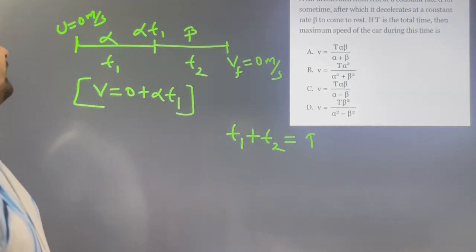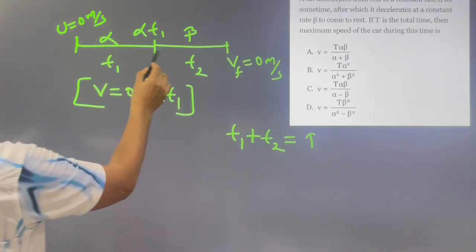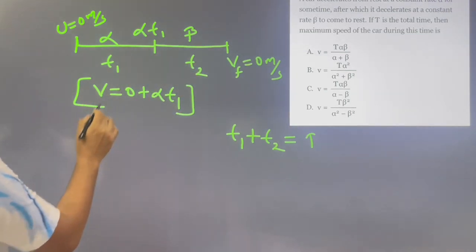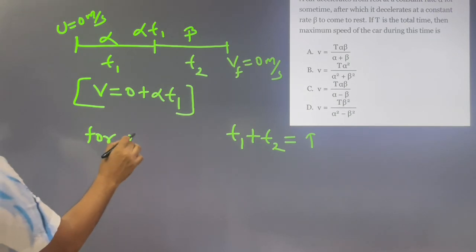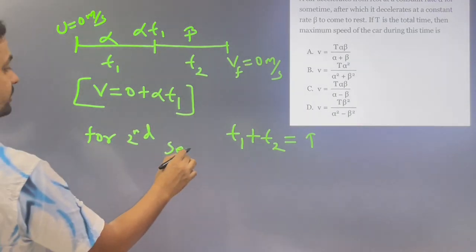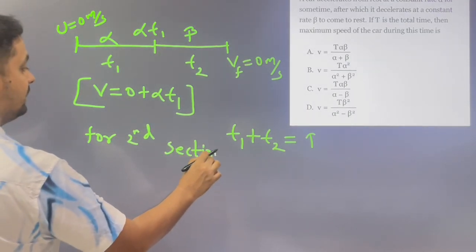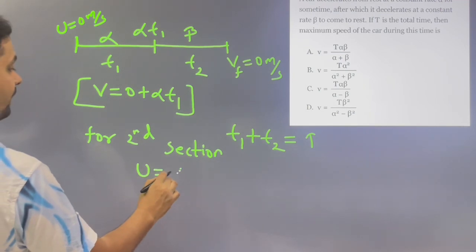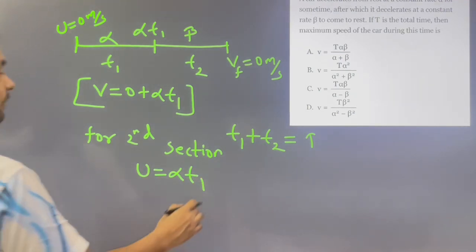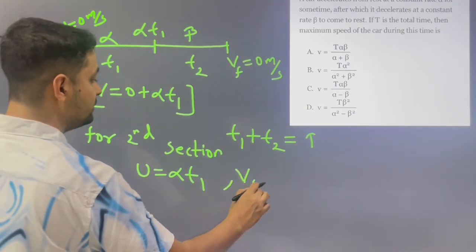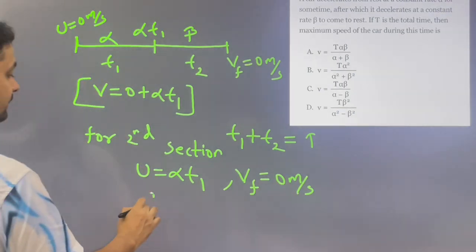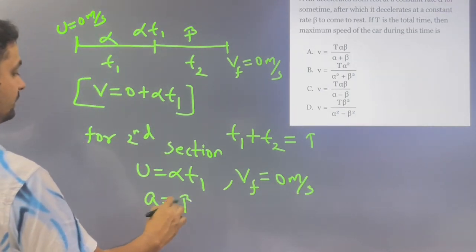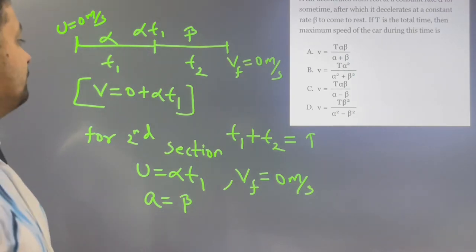The initial speed for the second section of motion is alpha t1, the final speed is 0 meter per second, and retardation is beta.